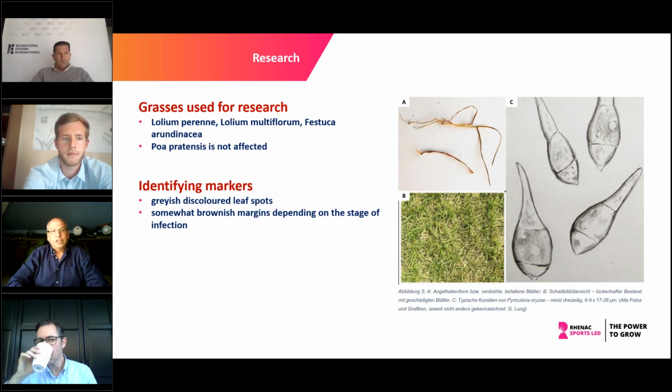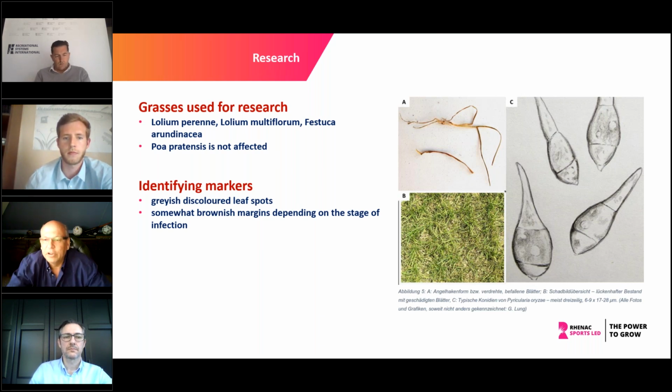So the grasses that we used for the research on the grey leaf spot were typically Lolium perenne, Lolium multiflorum, and Festuca arundinacea. On Poa pratensis, we could not find any infection by this particular fungus. How to identify it? The fungus gives a grey discolored spot on the leaf, typically, and it's somewhat brown when it's in a later stage around that grey spot.